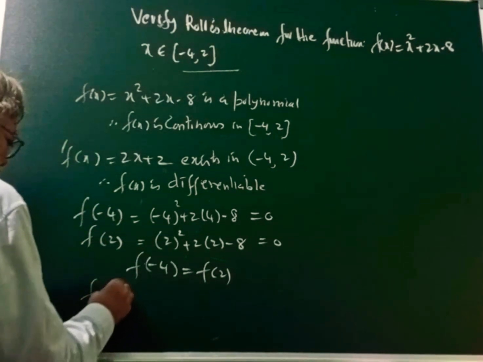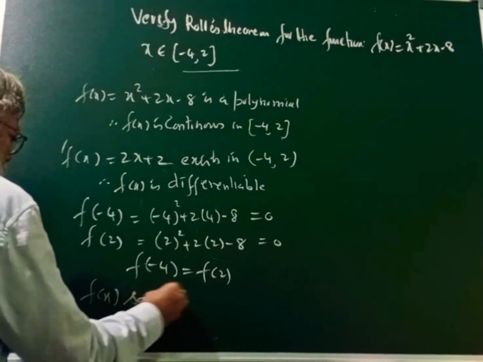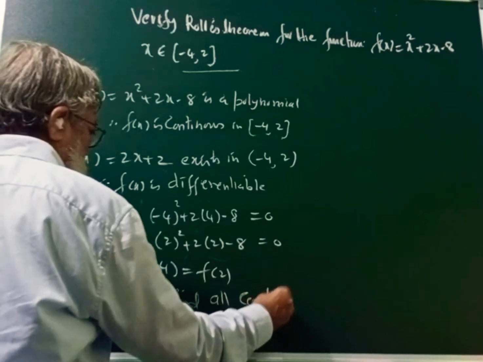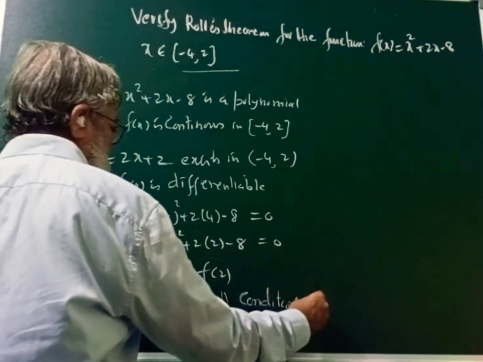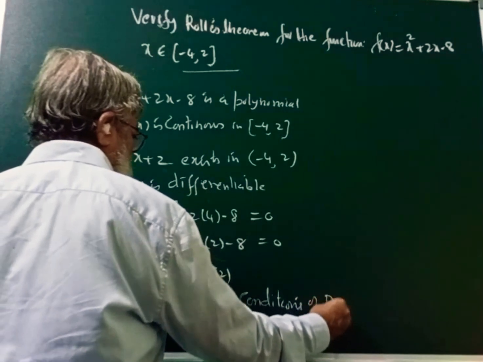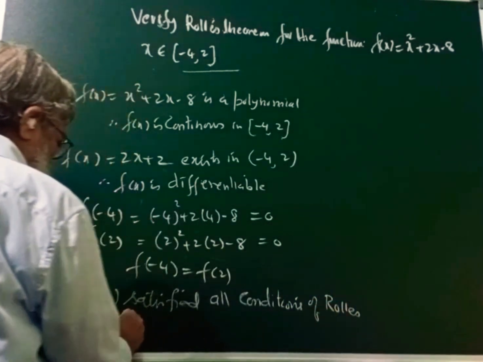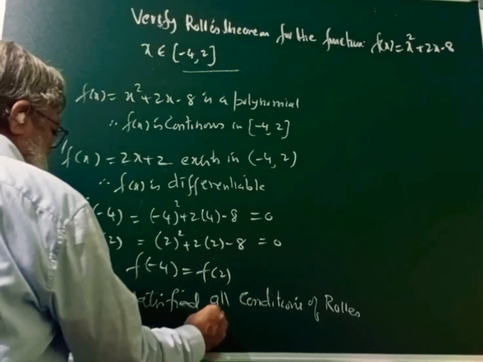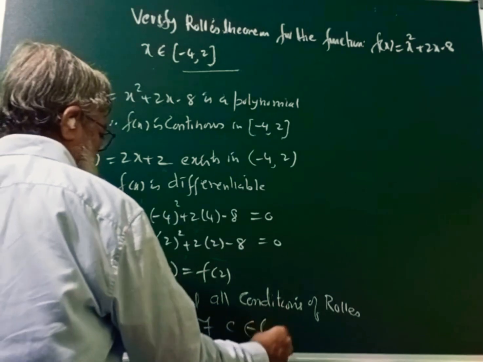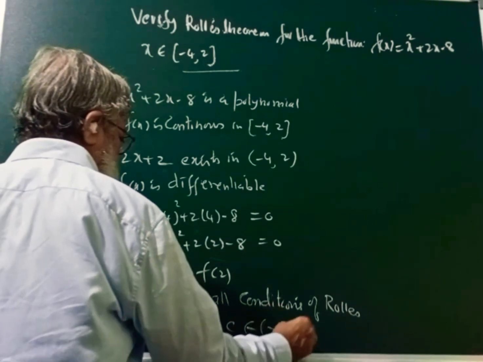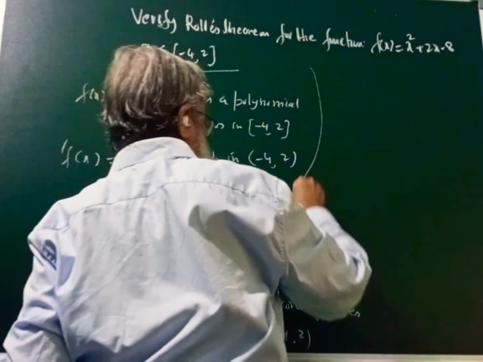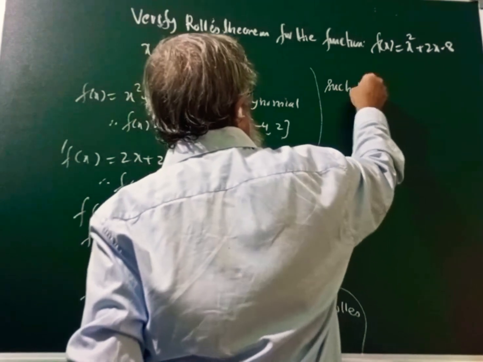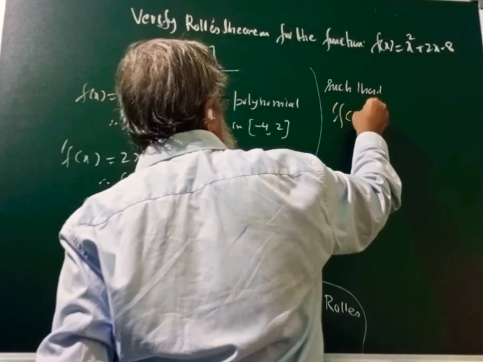Therefore, f(x) satisfies all conditions of Rolle's theorem. Therefore, there exists a point c belonging to the open interval minus 4 to 2 such that f dash c must be equal to 0.